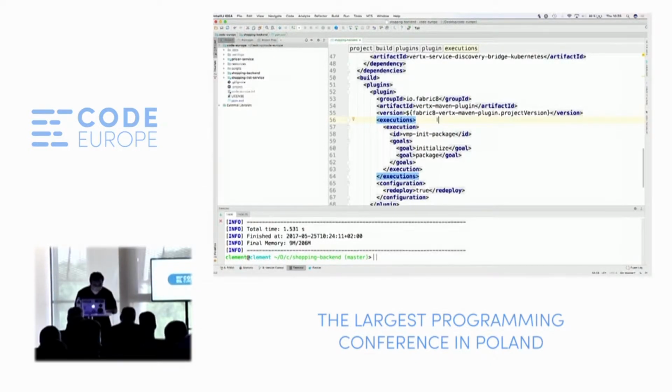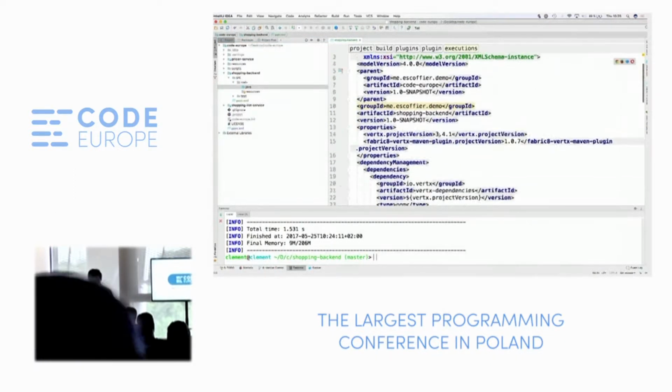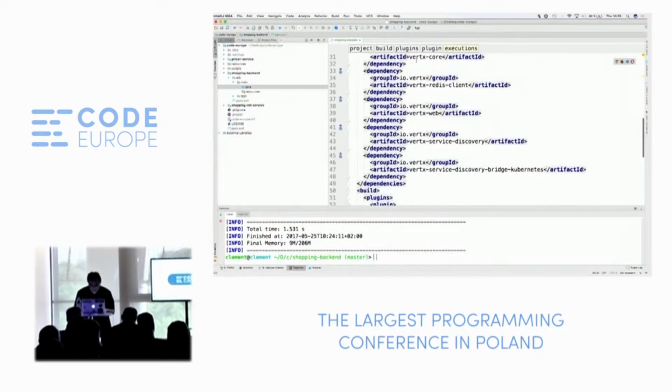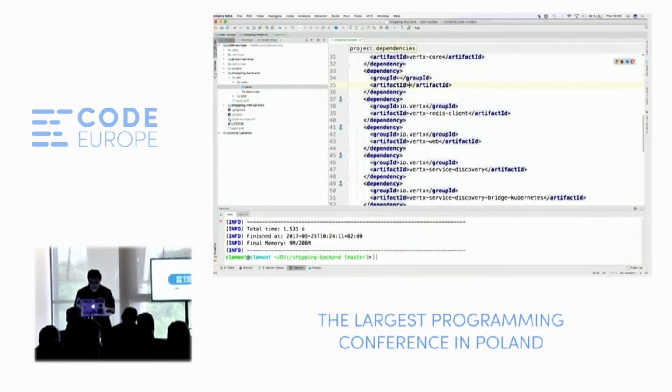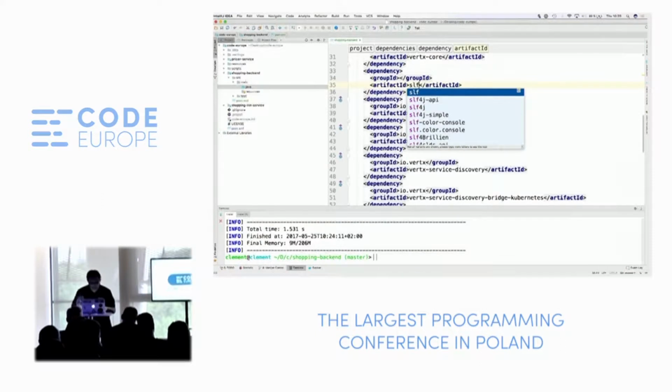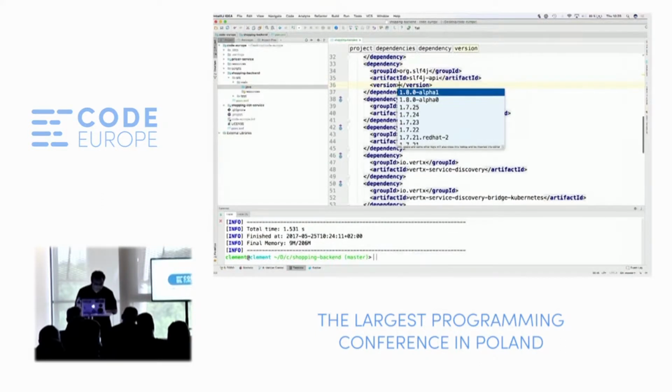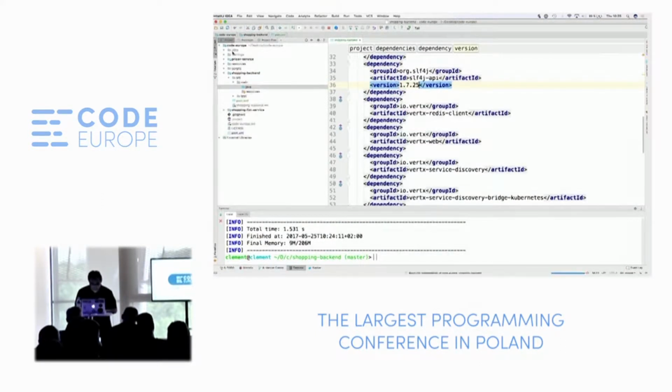So once you have this, let's see if it has imported it. Oh, yeah. OK. So no, first, I need to add one dependency that is missing. I'm going to use slf4j for logging. Whatever version. And I need to declare a verticle.